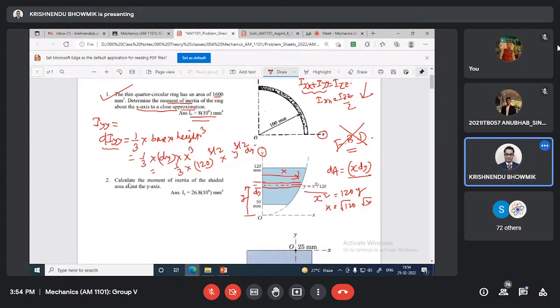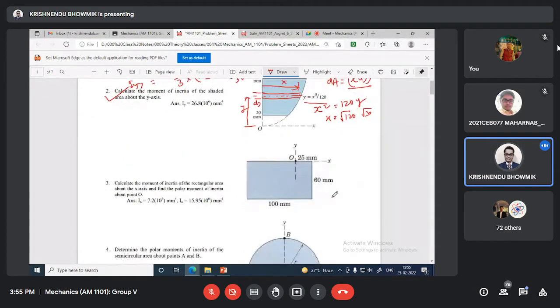Okay. So to calculate Iyy, just simply do the integration. Y is varying from 30 to 120. You will get millimeter to the power 4 as the final answer. Okay. Have you understood now? This problem can be solved easily. Understood, sir. Yes. This is done. 2 is done.